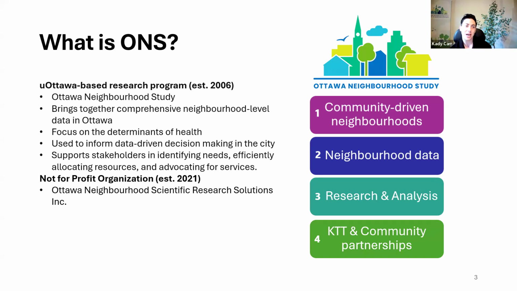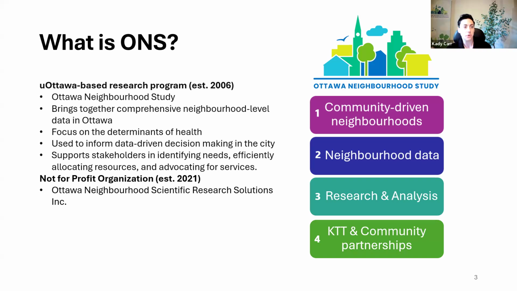And so then it became a program of its own within the university, but without any kind of formal identity or entity. And so we incorporated more recently in 2021, and we have a sister organization that is a legal entity through which we can apply for different types of funding. So we're eligible for foundation funds and other types of funding that we then contract with the university essentially to run the program.